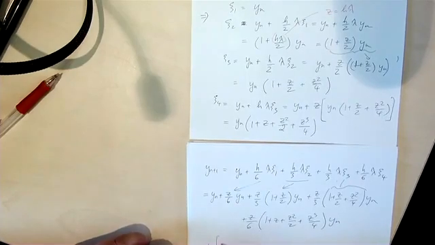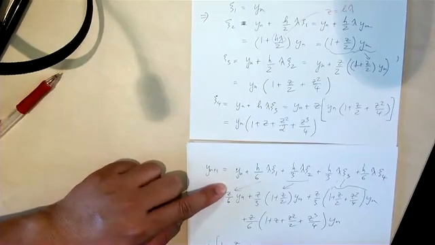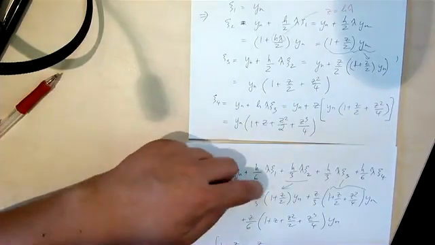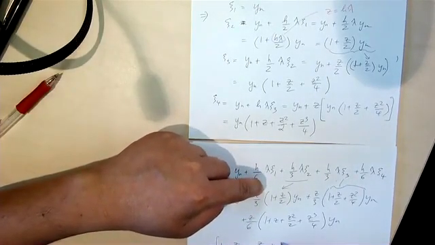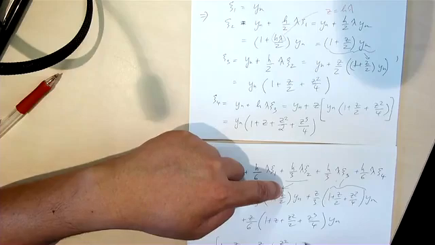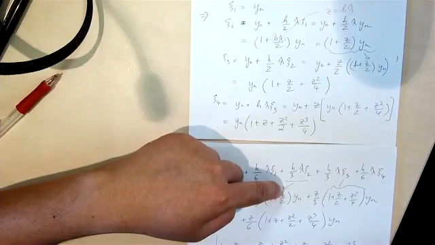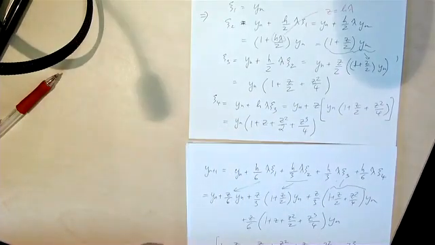And then you have 1 plus z over 6, plus z over 3, plus z square over 6, plus z over 3 plus z square over 6 plus z cubed over 12, plus z over 6 plus z square over 6 plus z cubed over 12 plus z to the 4 over 24. Yeah? Agree? I have to move up.